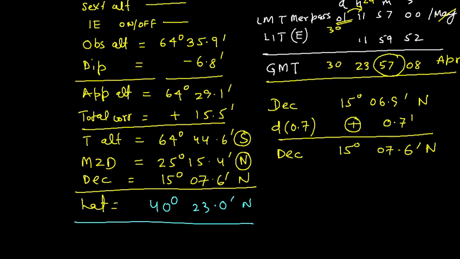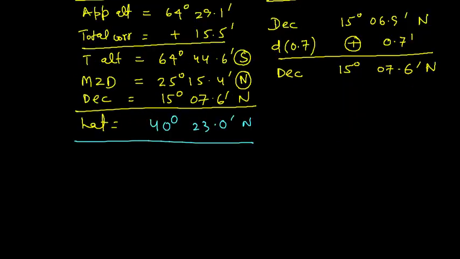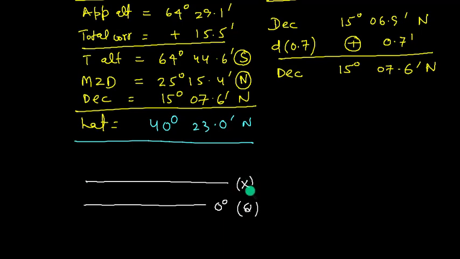Now to analyze it, I'll draw a simple diagram. Suppose this is the equinoctial, this is equinoctial 0, then declination is 15 degrees, so this is Q, and then the declination is 15 degrees north, so this is X, and then meridional zenith distance is 25 degrees north.